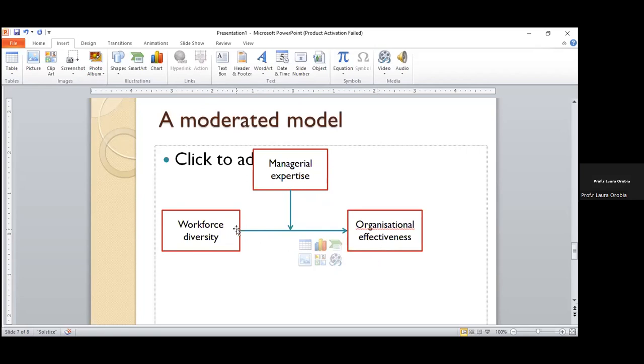Yeah, it can either weaken that relationship or strengthen, depending on what you will get out from the field. But the role of this moderating variable here is to modify that relationship.